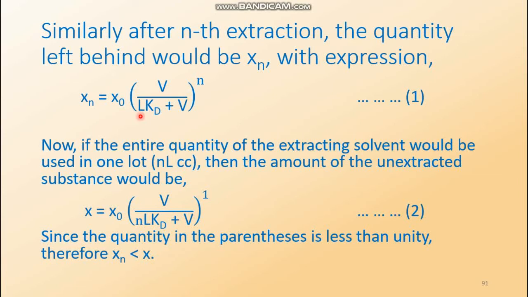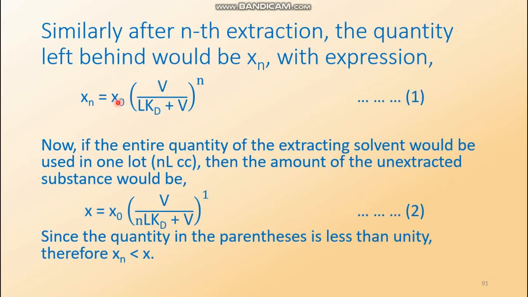Then you are performing a single operation, isn't it? And for that single operation, instead of L amount of extracting solvent, you are now using nL cc of solvent. So here in place of L, you should write nL. And since you are performing only one single operation, instead of n there should be 1.